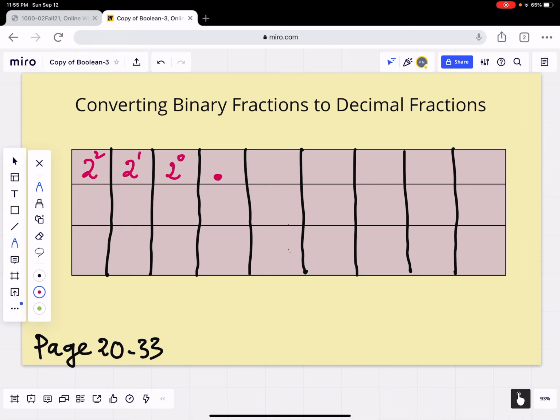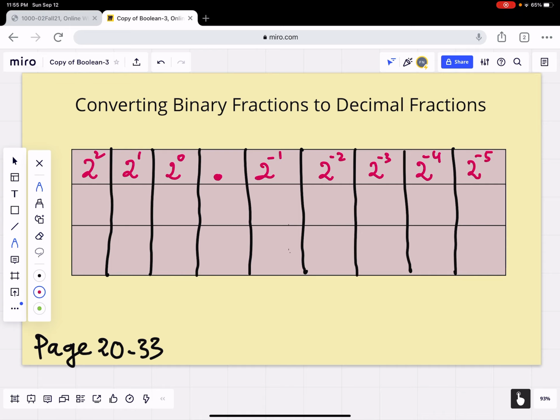And to the right of the binary point, you have the fractional part, which is 2 to the power of negative 1, 2 to the power of negative 2, 2 to the power of negative 3, 2 to the power of negative 4, and 2 to the power of negative 5, and so on and so forth.